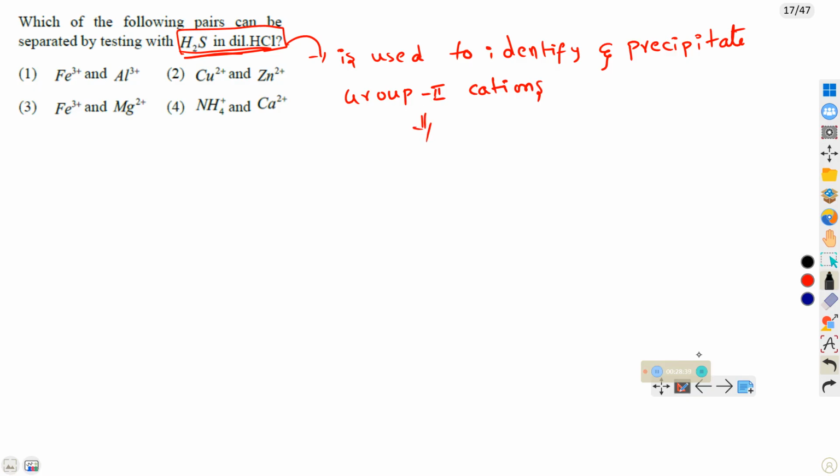Cations are Pb2 plus, Hg2 plus, and so on. Based on that, second option correct.